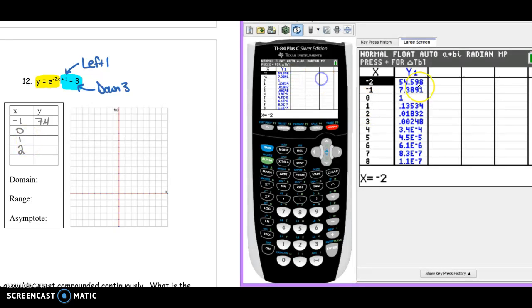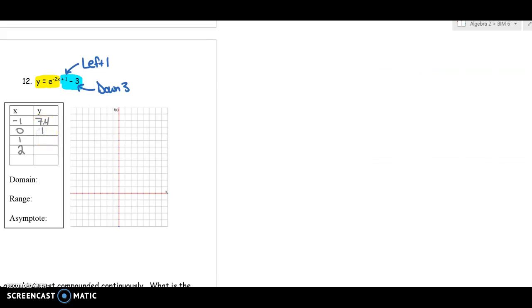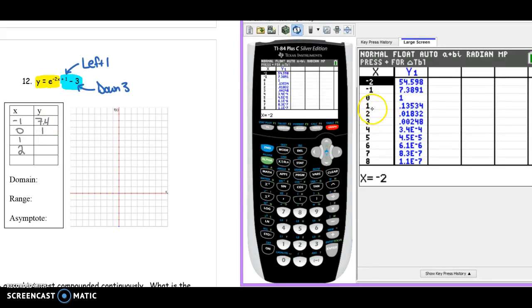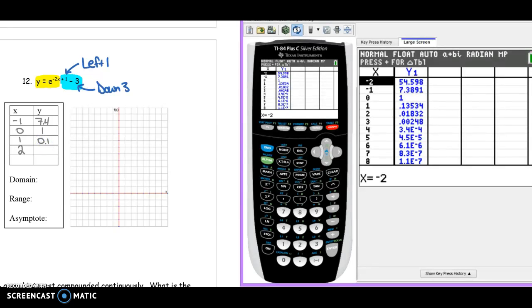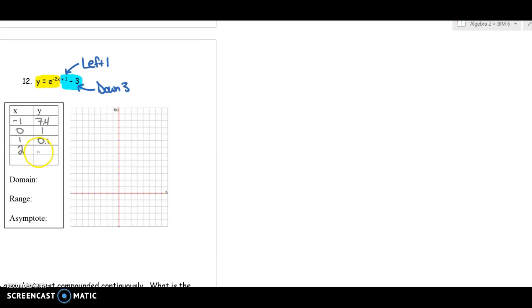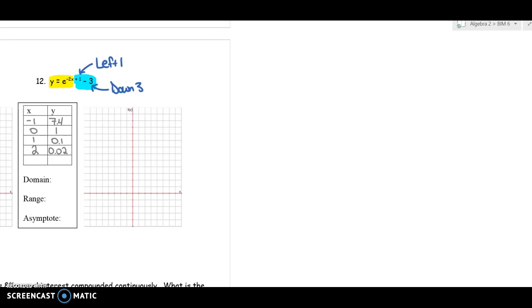Zero, 1, 1.1, and 2.02. Remember that these are temporary points. Each of these points will need to be moved.